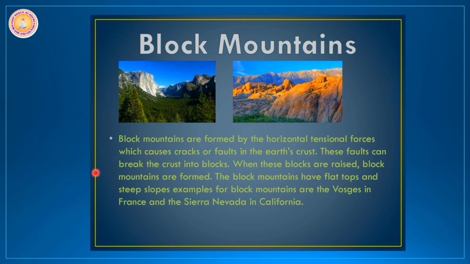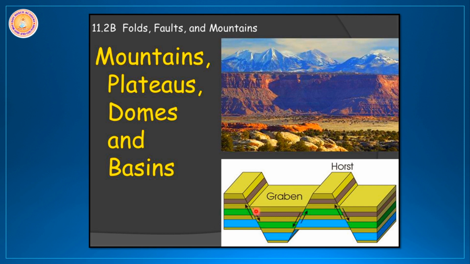These faults can break the crust into blocks. When these blocks are raised, block mountains are formed. We can understand this better from this diagram.